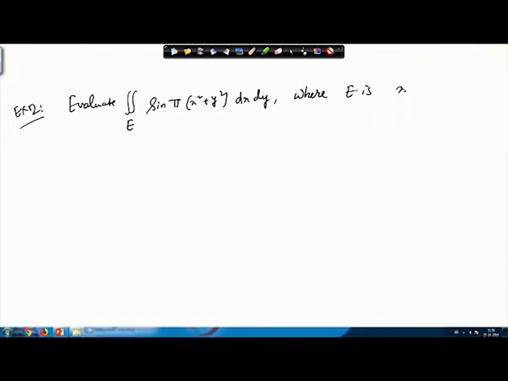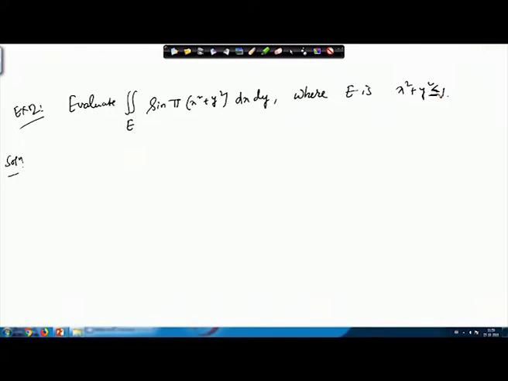This one is also based on the polar coordinate system. Evaluate the integral over the region E of sin(pi(x square plus y square)) dx dy, where E is given by x square plus y square less than or equal to 1.